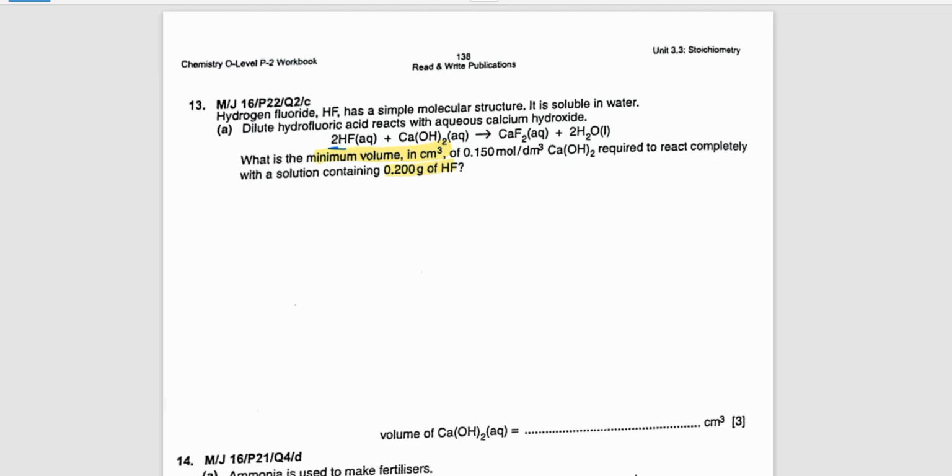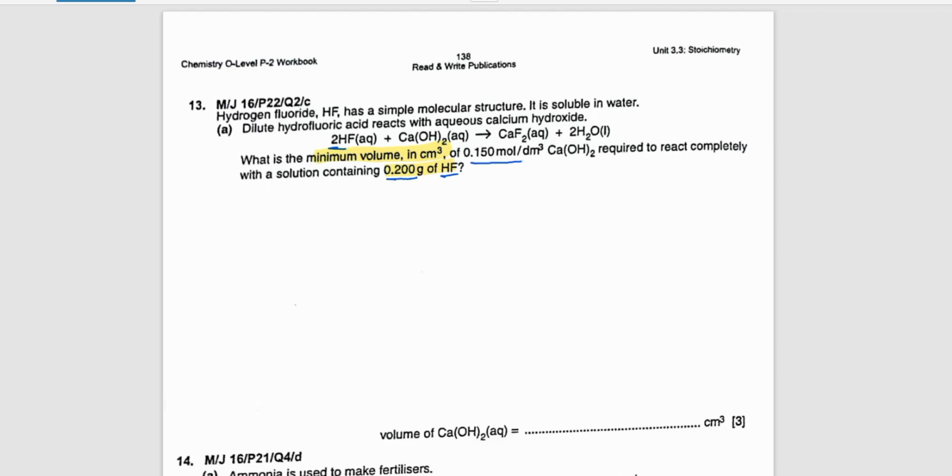Okay, so what is being told over here? Let me tell you what we have to do in this. Actually, we have been given the mass of HF. We'll find its molar mass, and then we'll find its number of moles. From its number of moles we can find the number of moles of calcium hydroxide.